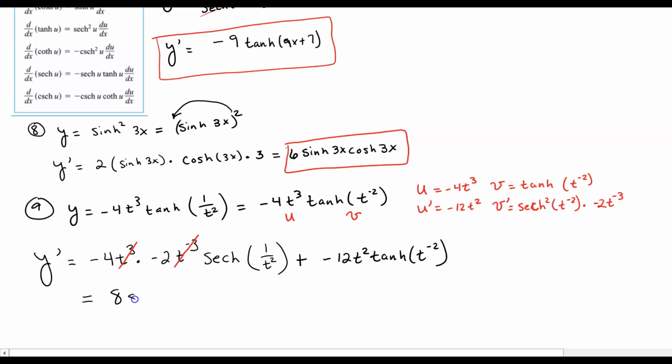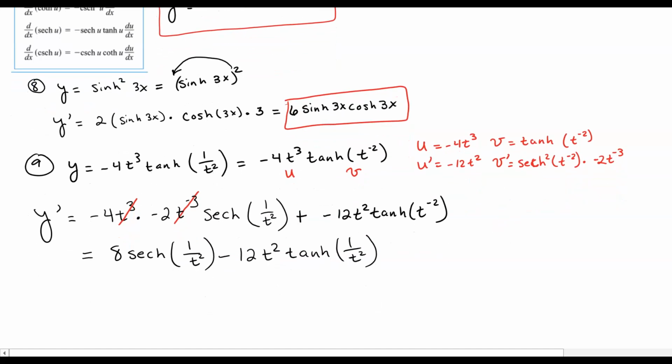So you're going to have 8 times the sech of 1 over t squared. And then you're going to subtract 12t squared tanh. And again, 1 over t squared. I should have fixed that on the last part, but that's okay. All right. Other than that, there's not much more to simplify. And we have our derivative for this problem.